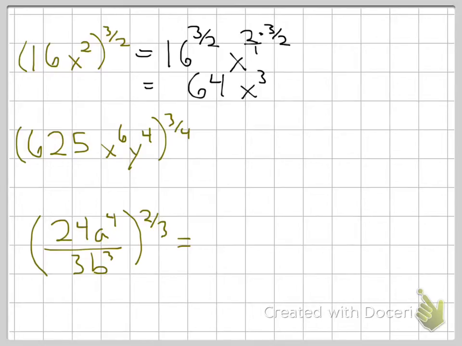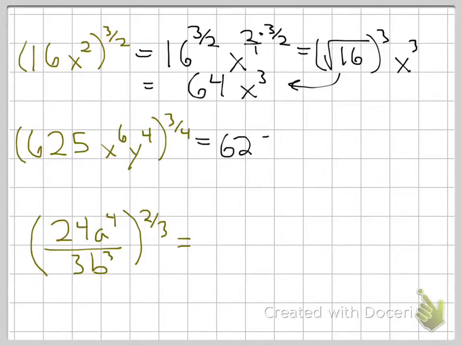Now, if you wanted to write out the step, you could write it there and then get to that. But as long as you're getting that 64x to the third, that's the important part. Understanding to simplify those radicals.